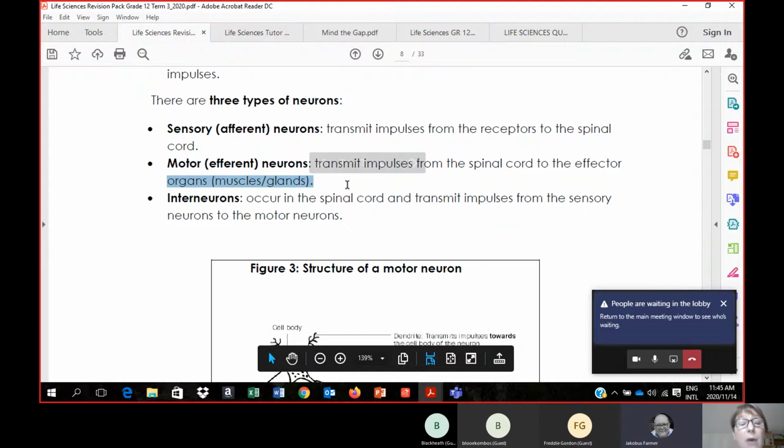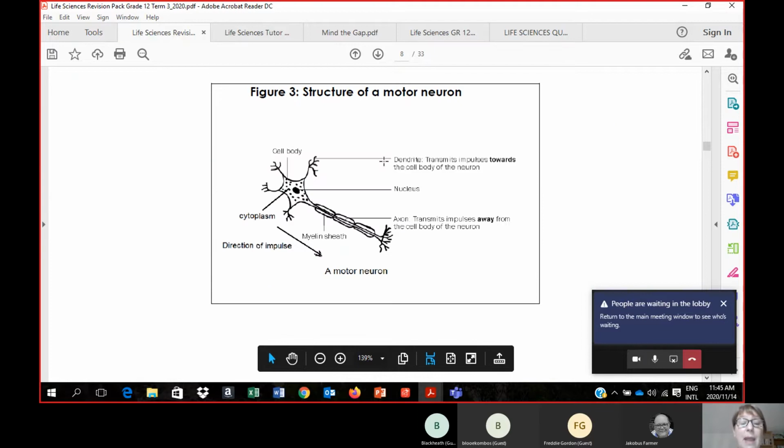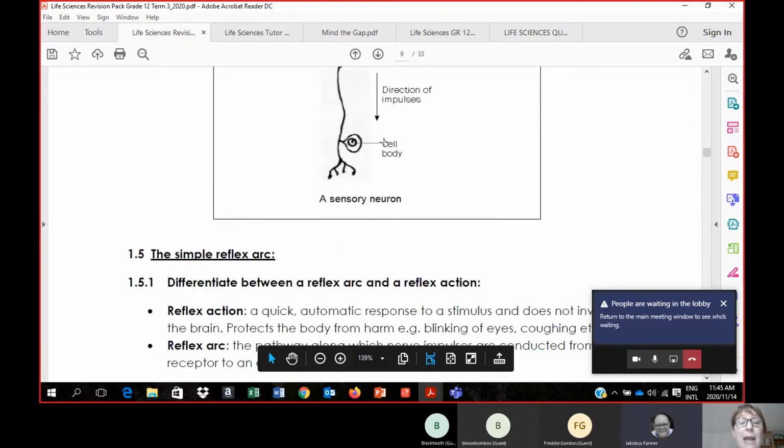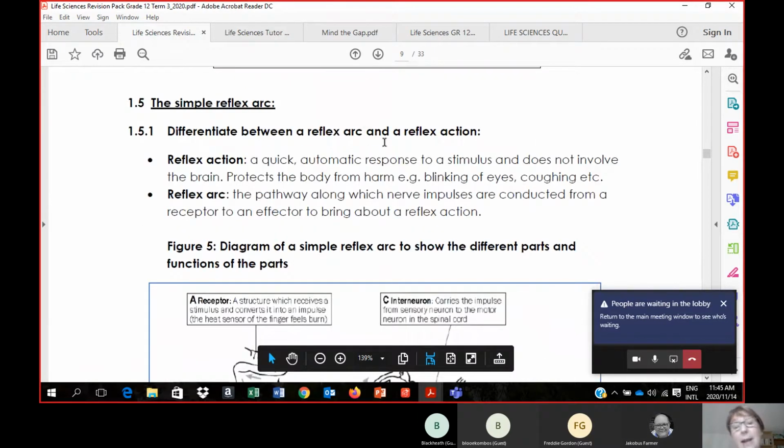So muscles which can obviously contract, and glands which will then secrete certain substances, maybe hormones. And then your interneurons, these are just found between the sensory and the motor neurons. So please, you do need to know about those 3 types of neurons. Now let us quickly look at the reflex arc and a reflex action.